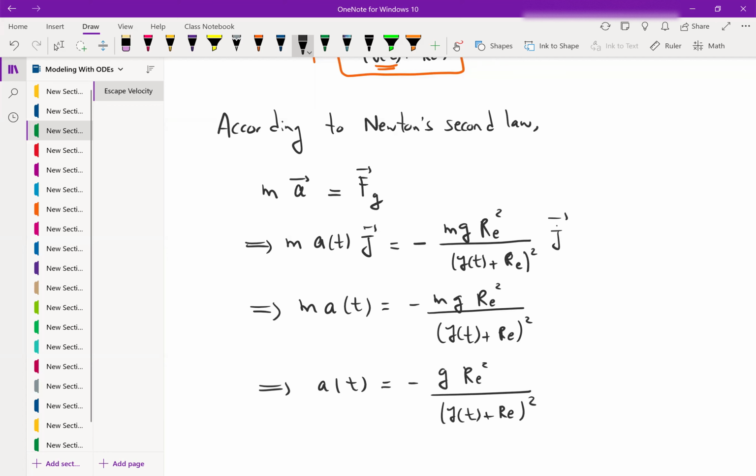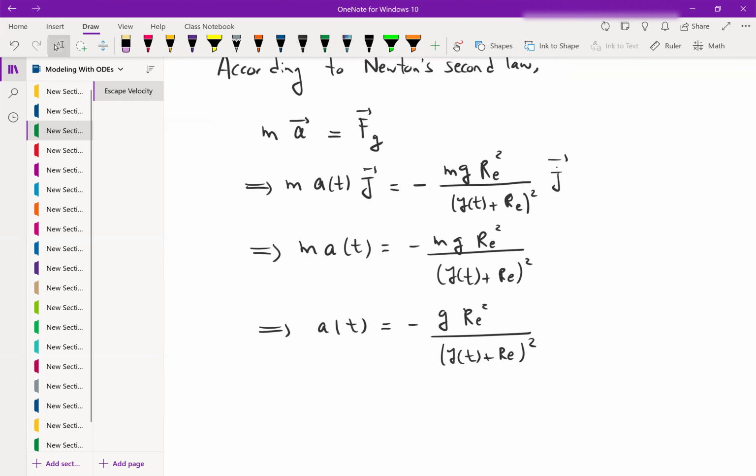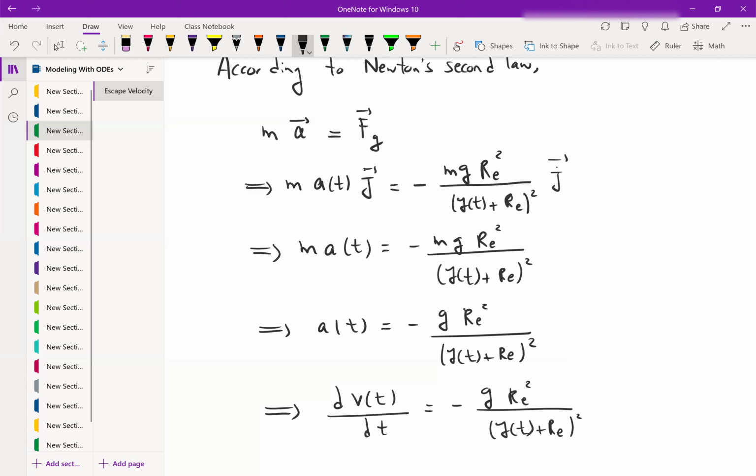Okay, this is beautiful. And now, what was the quantity of interest? The quantity of interest was the velocity. So a of t is the derivative of v of t with respect to t. Therefore, the derivative of v of t with respect to t is equal to negative g Re squared divided by y of t plus Re, squared.